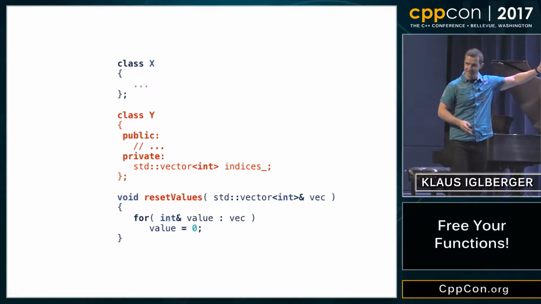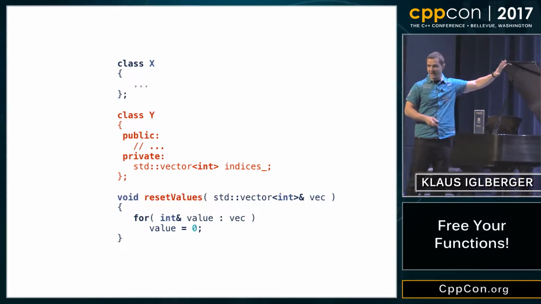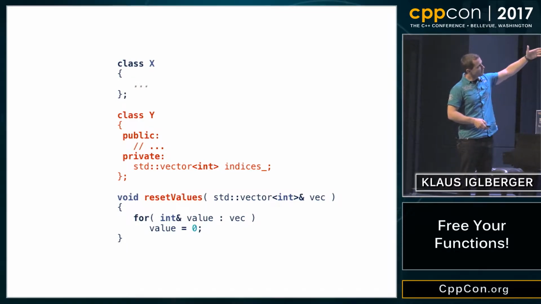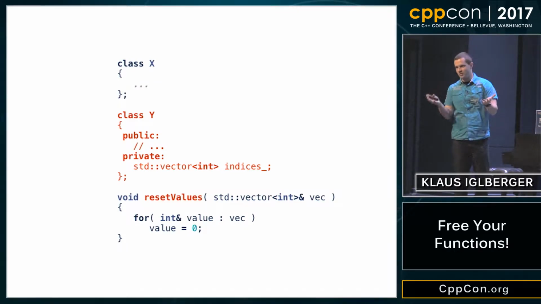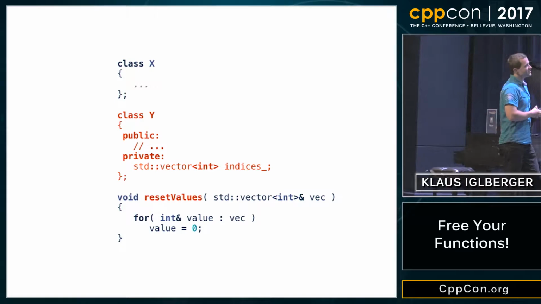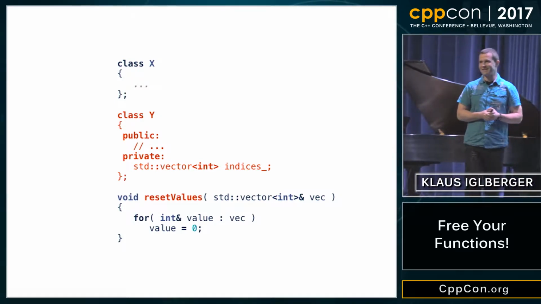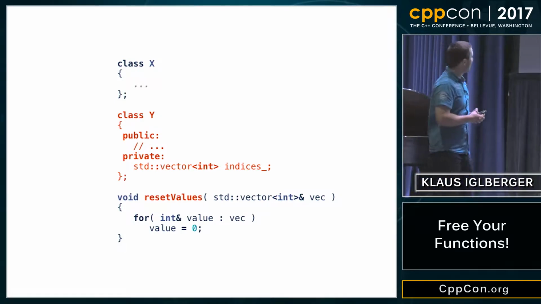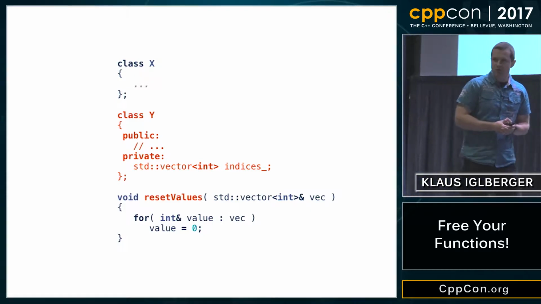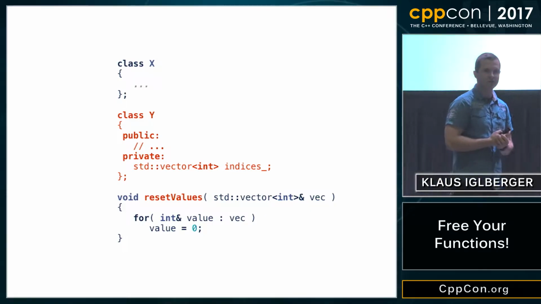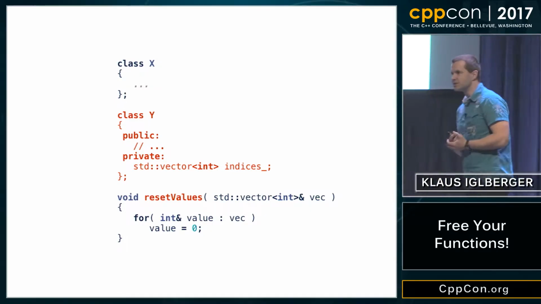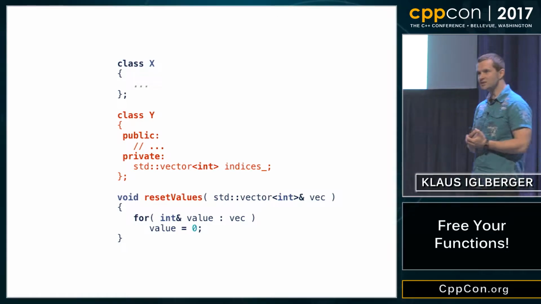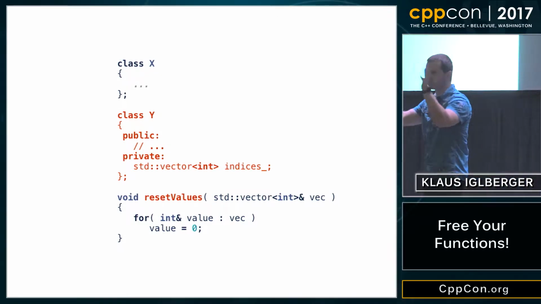But now for just this example, we have a second class, class Y, with also, coincidentally, a std::vector of integers in the private part. This one is called indices. And of course, else the example wouldn't be worth a lot, this vector of indices also needs to be reset. Now I need to reset all the indices to 0 for whatever reason.